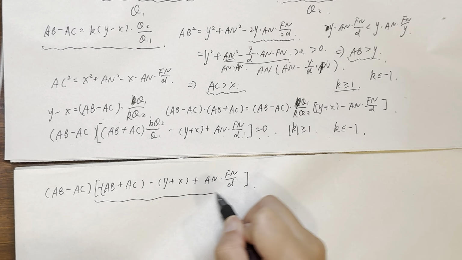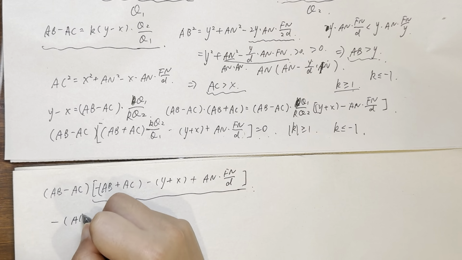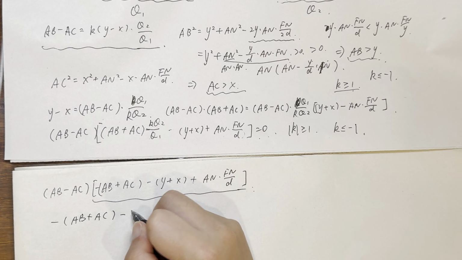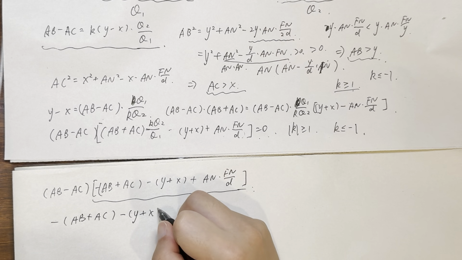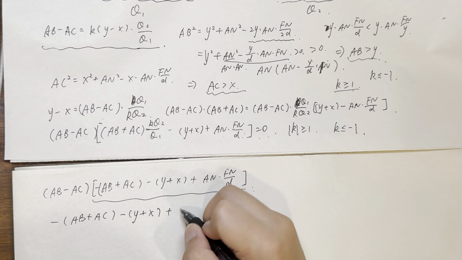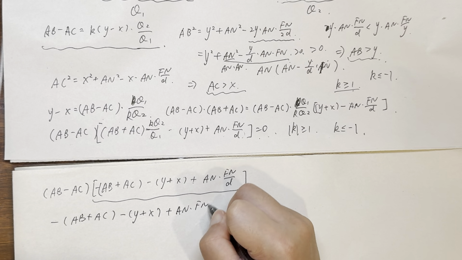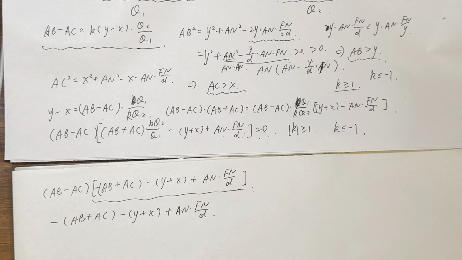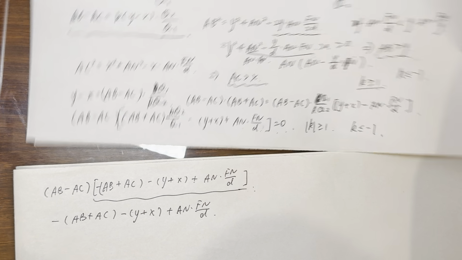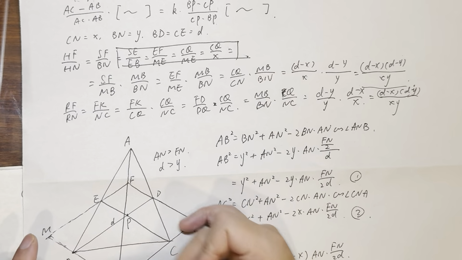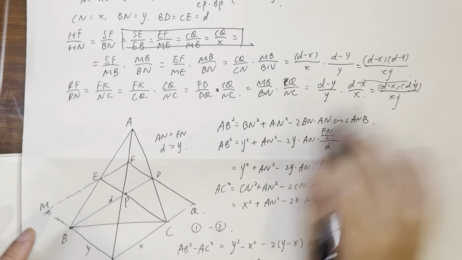Now let's think about this one. Minus AB plus AC minus y plus x plus an times fn over d. Look at the figure.